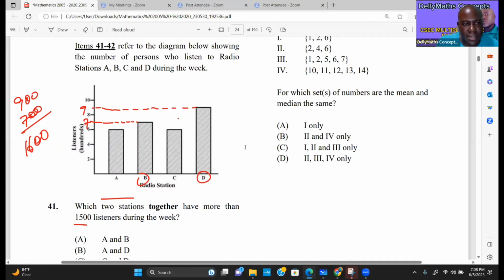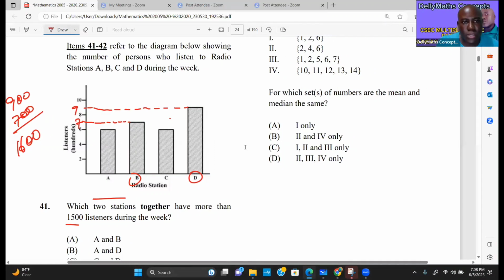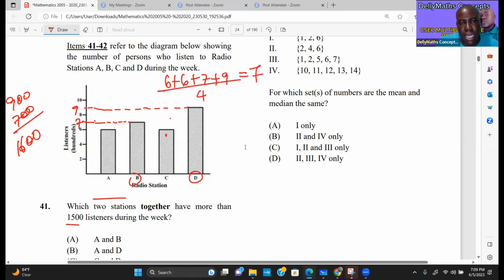I want to add up the 4. There's a 6, and there's another 6. Then that is 7, and there's a 9. This is 28 over 4, which gives me back 7. Now they're asking which station's score is the mean.